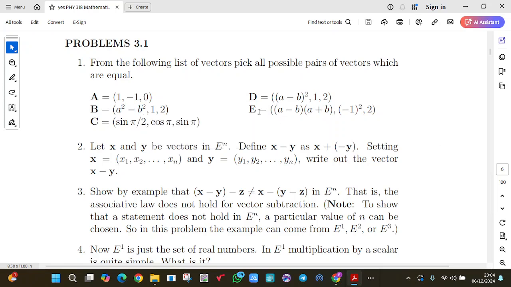Yes. So B and E, they are equal. This one will give you 1, and 2 will be. I don't think there's another one that is equal.